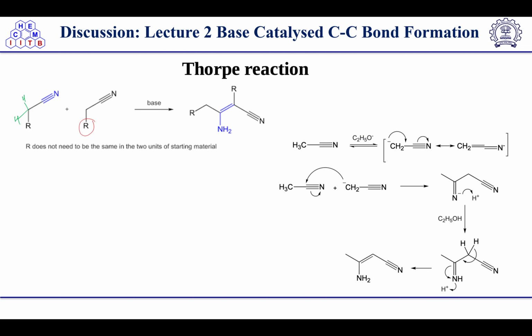Okay, here we have the mechanism: abstract the proton, and it will form this type of intermediate. After getting this intermediate, what will be the next step? Similarly, in the case of the enolate, it was attacking another carbonyl, right? So here we have different nitriles. After the formation of the intermediate, it will attack on a nitrile group, right?